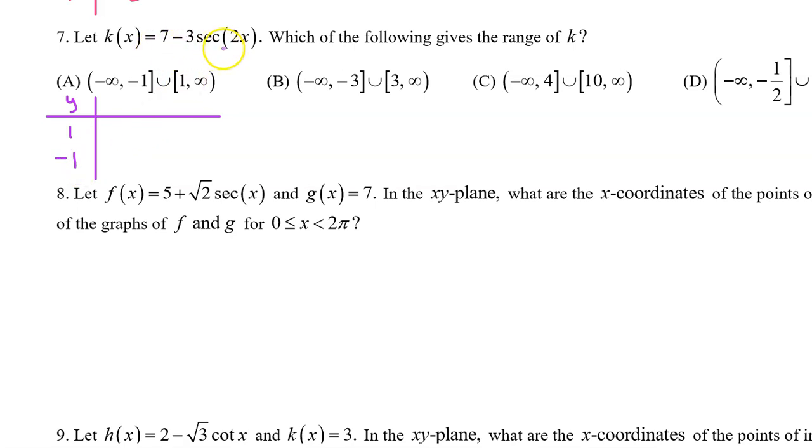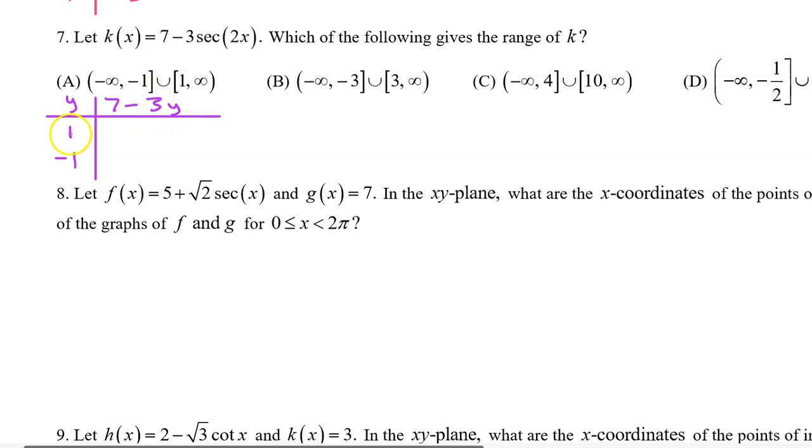The only transformations that affect y values are the ones that occur outside the trig function. In this case, the vertical dilation by a factor of 3, the reflection over the x-axis, and the vertical translation by 7. In other words, we can get the new y values by doing 7 minus 3y.